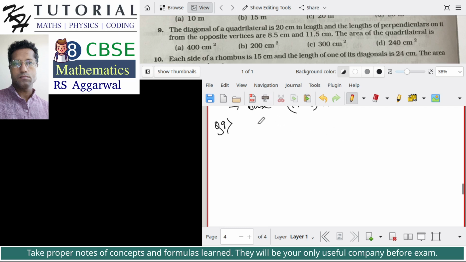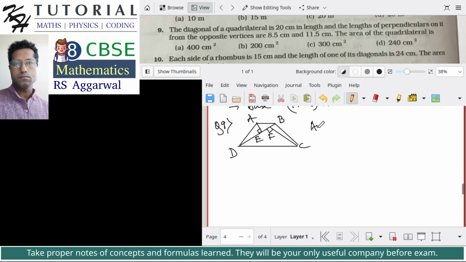So we know that if we have a quadrilateral like this, and let's say ABCD, let BD be the diagonal on which the perpendiculars are drawn, and these two are the perpendiculars, let's say AE and CF.